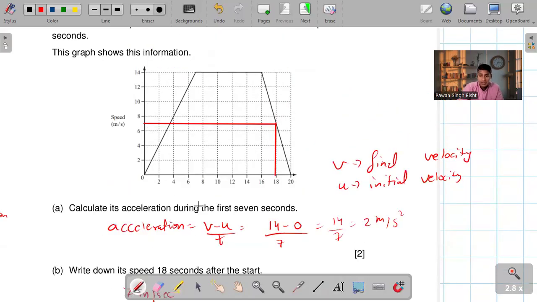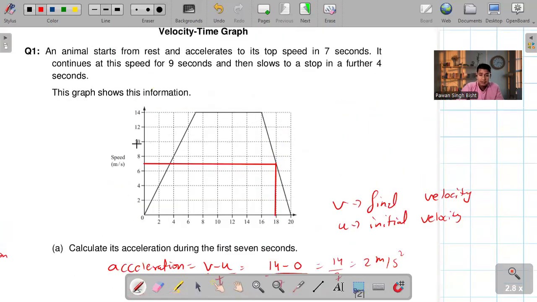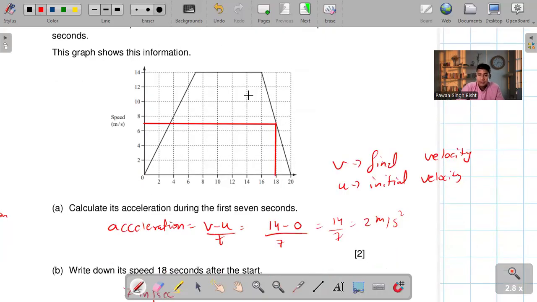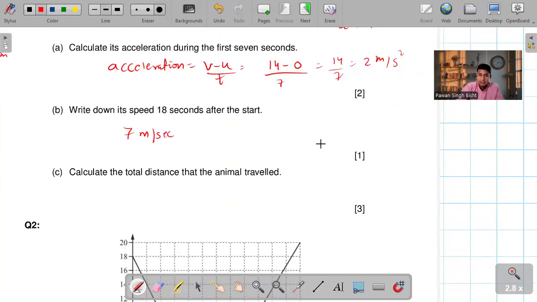Now, I told you, in every question they ask you to find the total distance traveled. Here it is. Find the total distance that the animal traveled. Now this is a speed time graph. To find the distance traveled, I need to find the area under this curve. If you see this figure, it is looking like a trapezium. So total distance traveled is equal to area under the curve, the area of the trapezium.